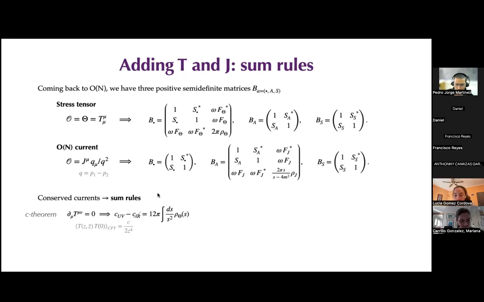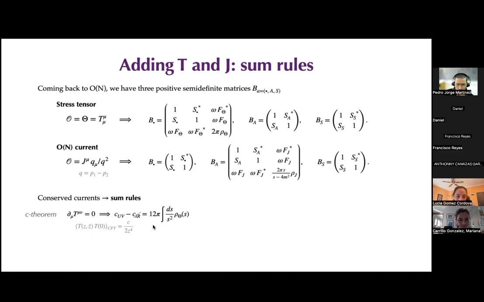I remind you, I'm dealing with gapped theory. This is actually 0. And this central charge C is related to an integral of the spectral density of this operator, the trace of the stress tensor. And this C is what appears in the 2-point function of the stress tensor in the CFT here in the numerator.